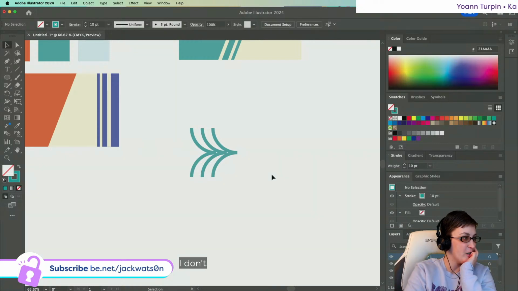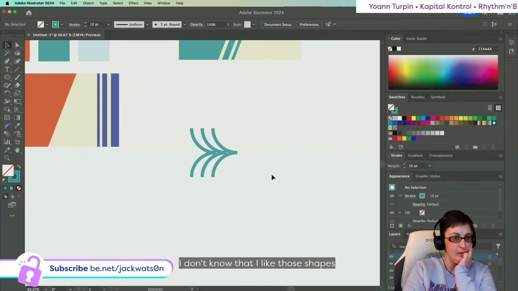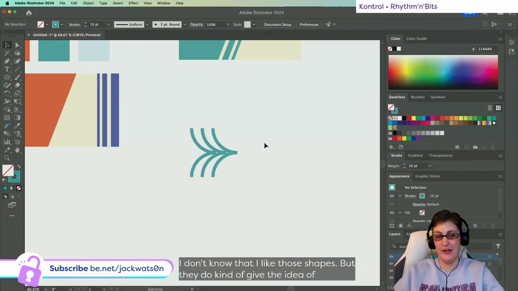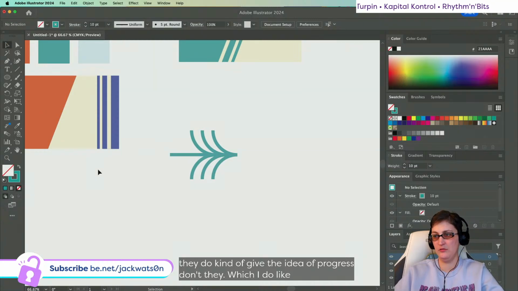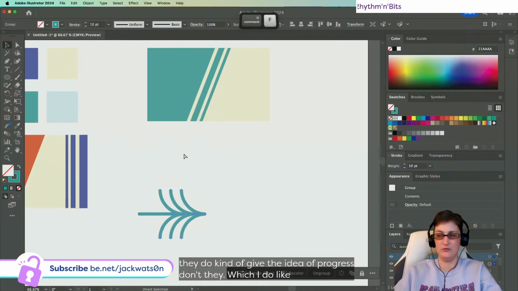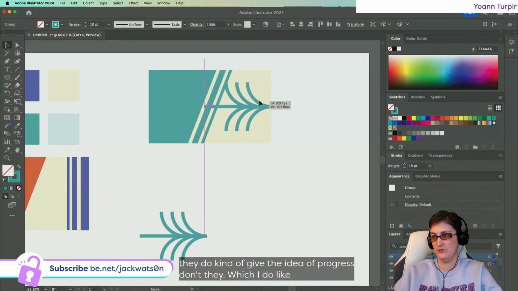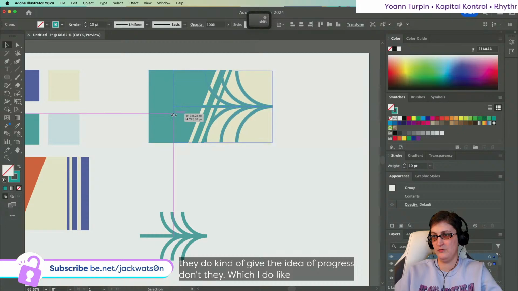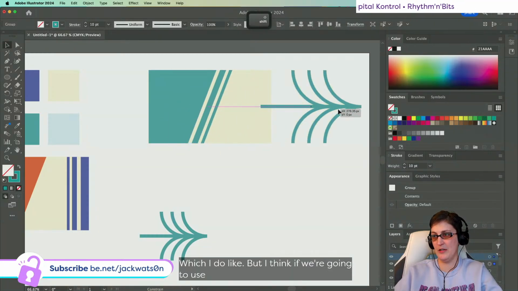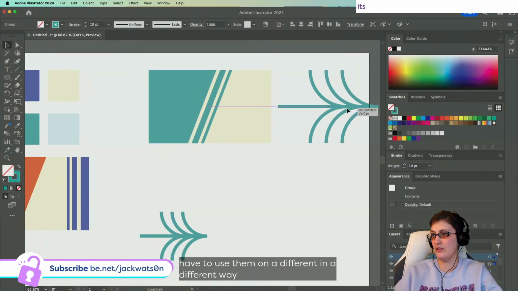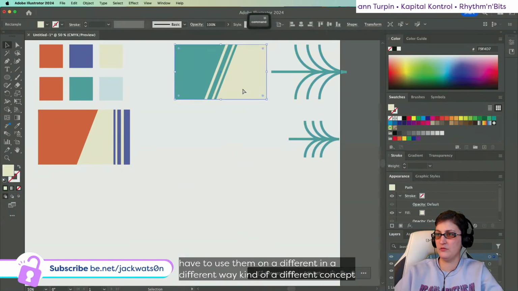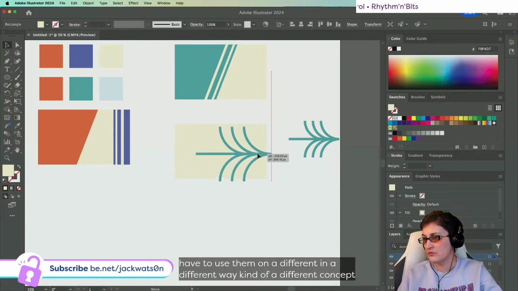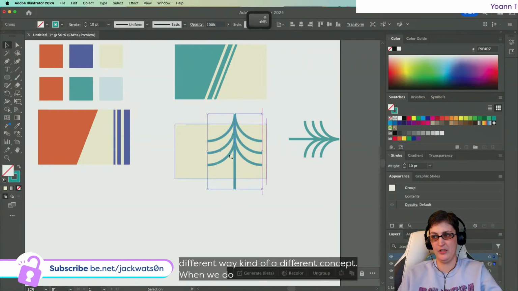I don't know that I like those shapes. But they do kind of give the idea of progress, don't they? Which I do like. But I think if we're gonna use them, we should use them in a different way, a different concept. Or we do them vertically.